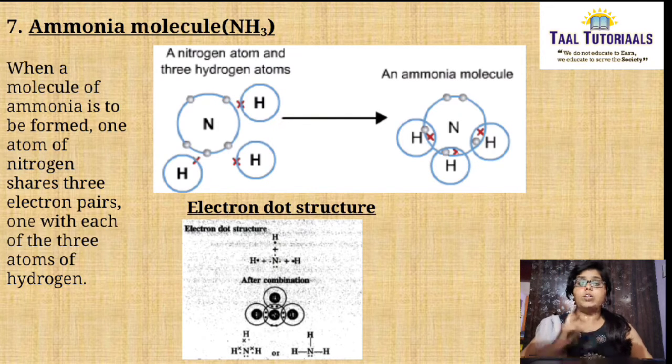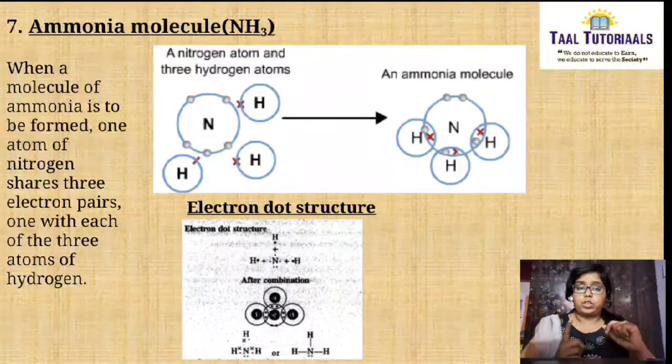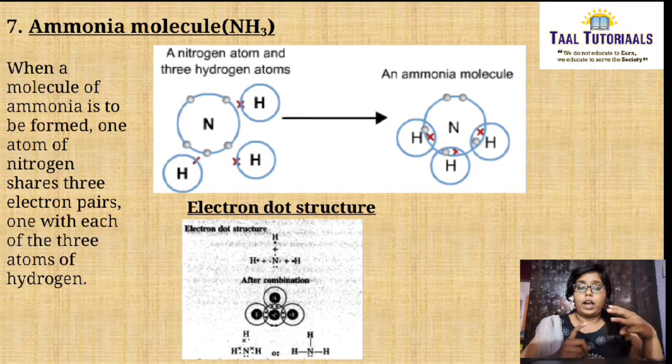Hydrogen has 1 electron, so 3 atoms of hydrogen come together to nitrogen, and there is a sharing of electrons between 1 nitrogen atom and 3 hydrogen atoms, and thus the ammonia molecule is formed.